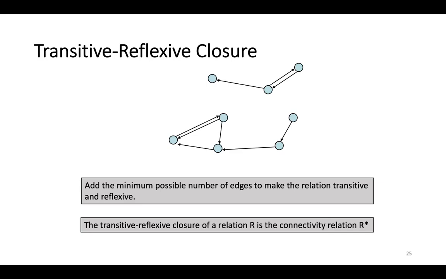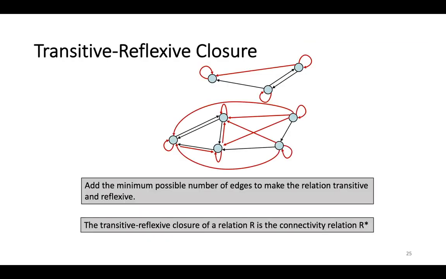For the reflexive, you can add the self relation first, a self loop, to show reflexivity, and then you can add more edges to ensure transitivity. Then you can describe the connectivity relation of the relation R.